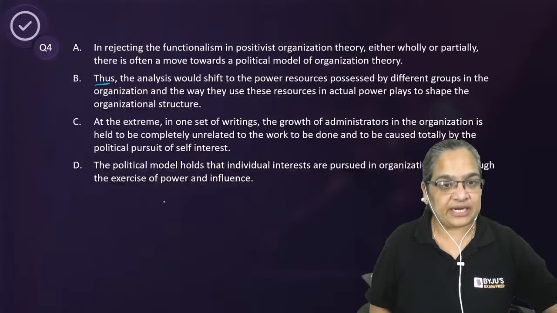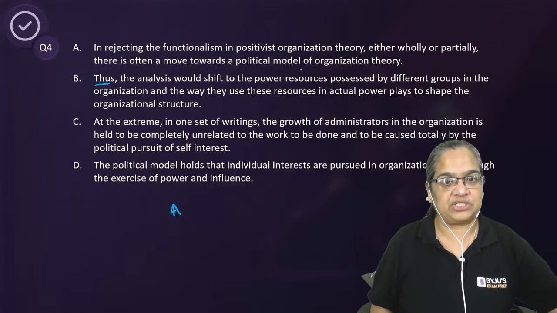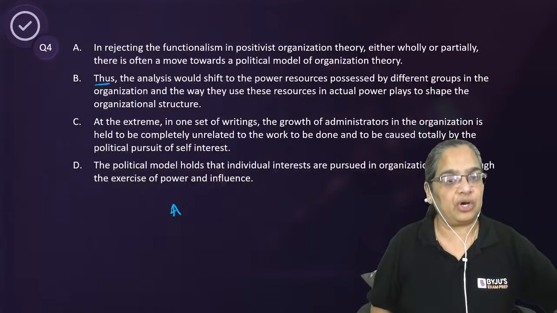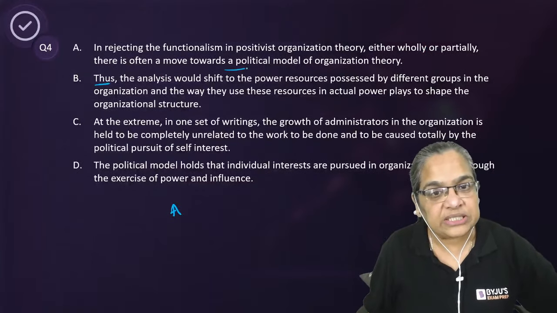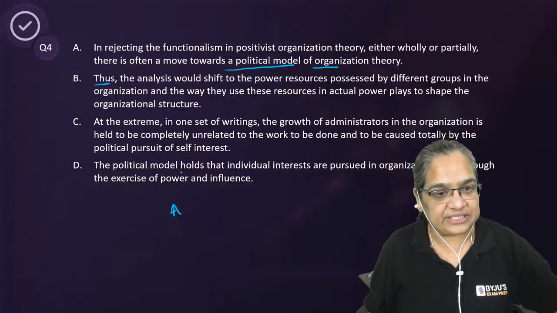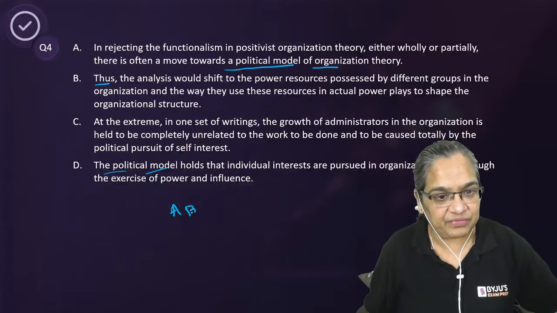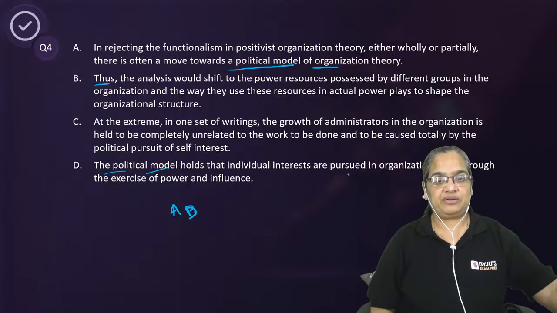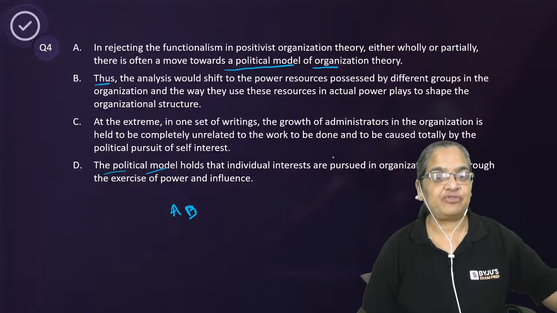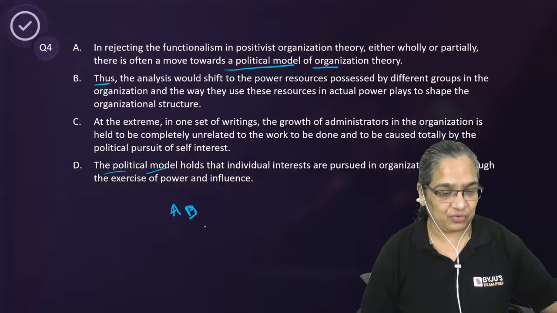So in rejecting the functionalism in positive organizational theory, either wholly or partially, there is a move towards a political model of organizational theory. The political model holds that individual interests are pursued in organizational life through the exercise of power and influence.